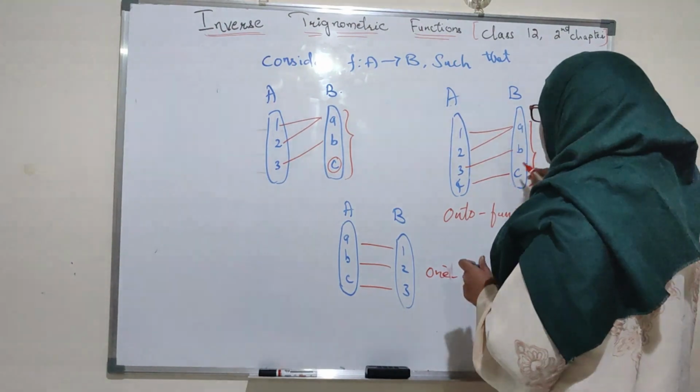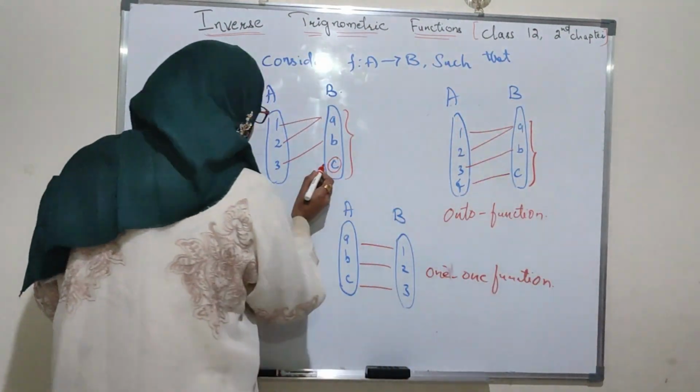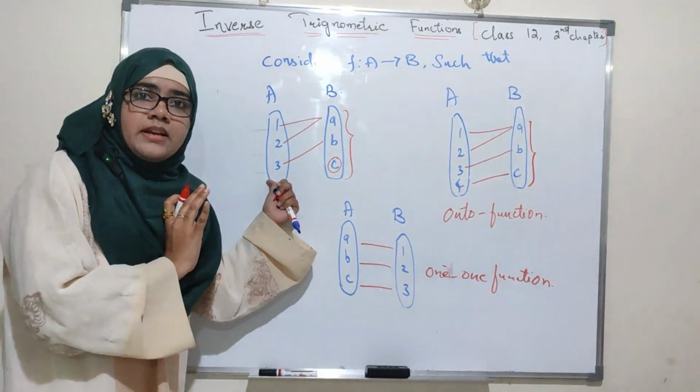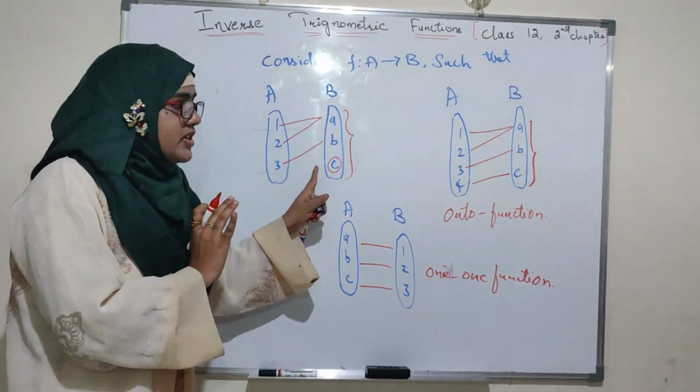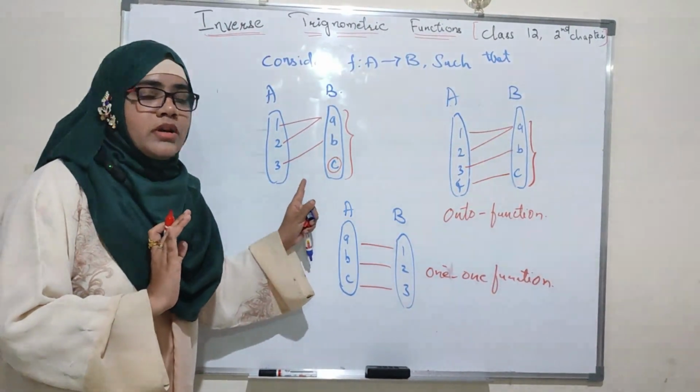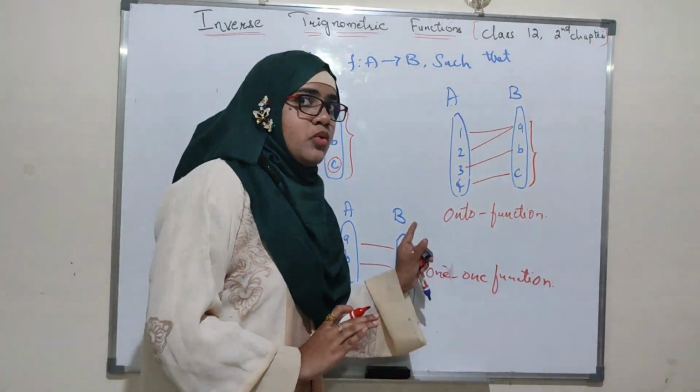Here C will not connect to any element in the set A. It will not form an onto function. Okay, so clear? 1-1 and onto.